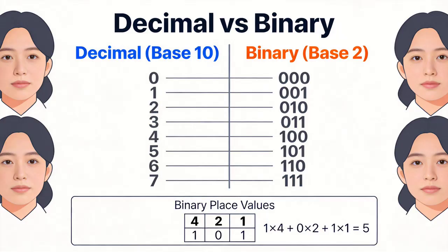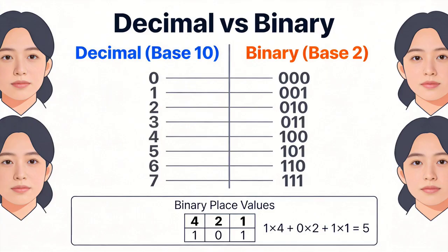Let's take a quick look at how binary numbers actually work. In our everyday number system, called decimal or base 10, we use 10 digits, 0 through 9. But binary is base 2, so it only uses 0 and 1. Each position in a binary number represents a power of 2. The rightmost position is 2 to the 0, that's just 1.